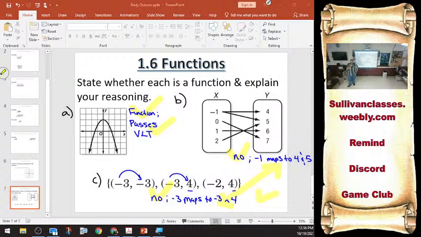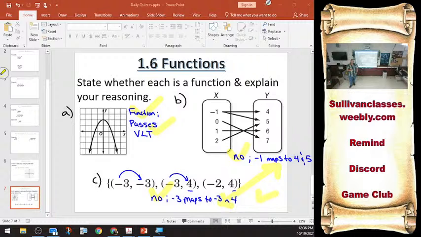Any questions on it? No. What about C? I said no because it doesn't map correctly. Because they wouldn't map correctly.